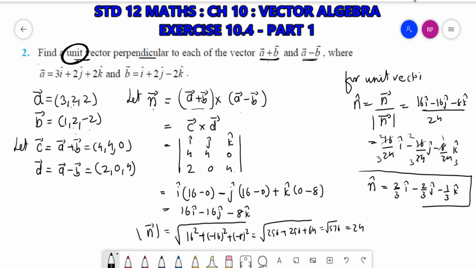So this is the required unit vector perpendicular to both a plus b and a minus b. Clear? So this was about question number 2. Just note it down.